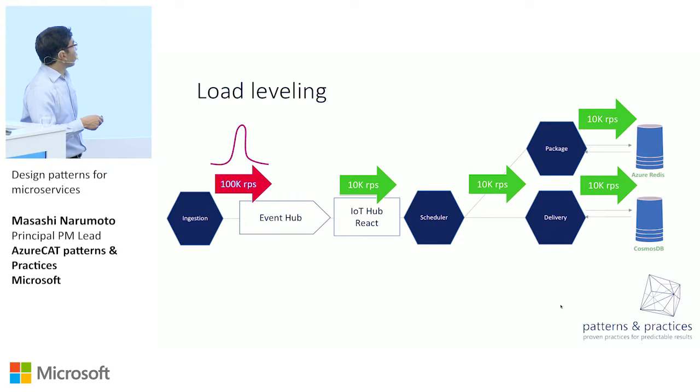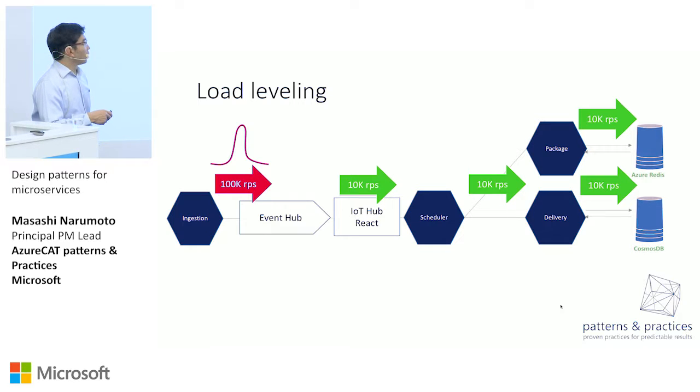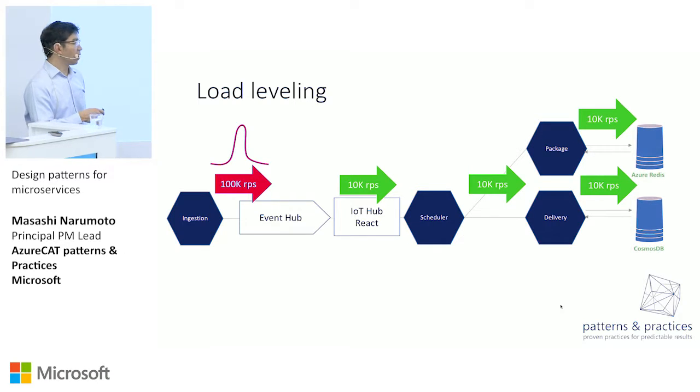And we are doing it at IoT Hub React. This guy controls the pace of the queue from Event Hub based on the pace of processing at the backend. So if the process slows down at this point, the pace of the queue will slow down together. That's how IoT Hub React works. So this works perfectly as load leveling.